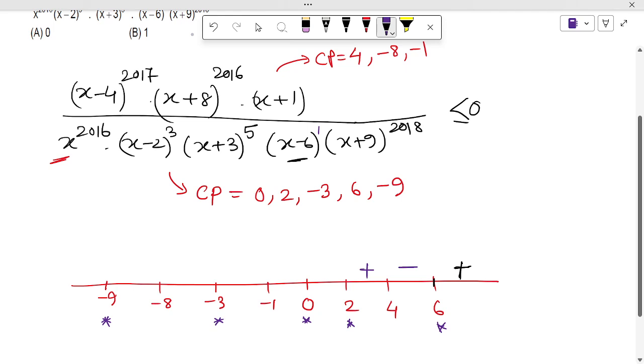At 2 the power is 3, so again the sign will change. At 0 the power is 2016, which is even, so the sign will not change and will remain the same. At minus 1 the power is 1, so the sign will change. At minus 3 the sign will change because the power is 5. At minus 8 the sign will not change, and at minus 9 again the sign will not change.